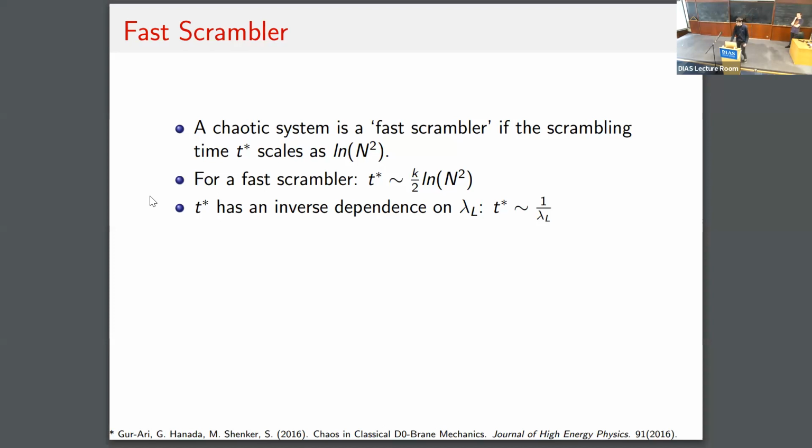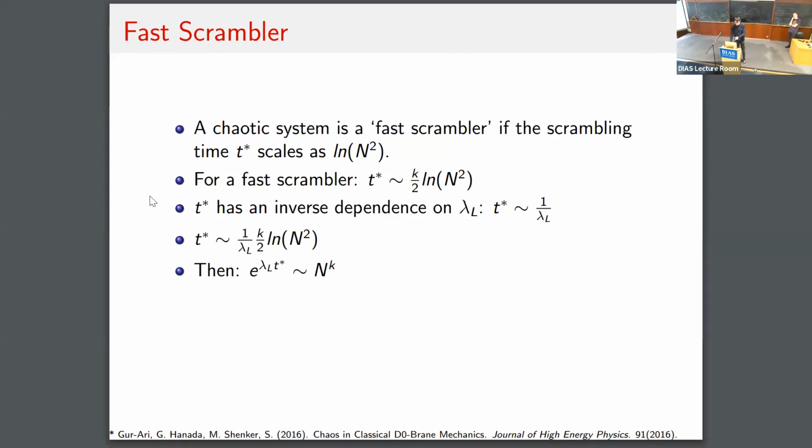Also, since we found that to leading order the Lyapunov exponent doesn't depend on n, we can simply plug the Lyapunov exponent into this scaling equation, and then multiply both sides by the Lyapunov exponent and take the exponential of both sides.